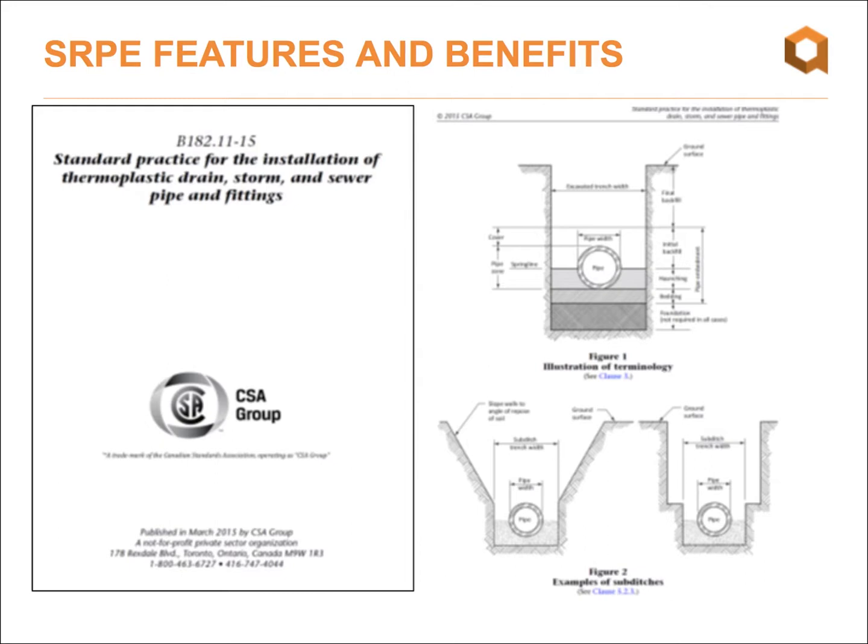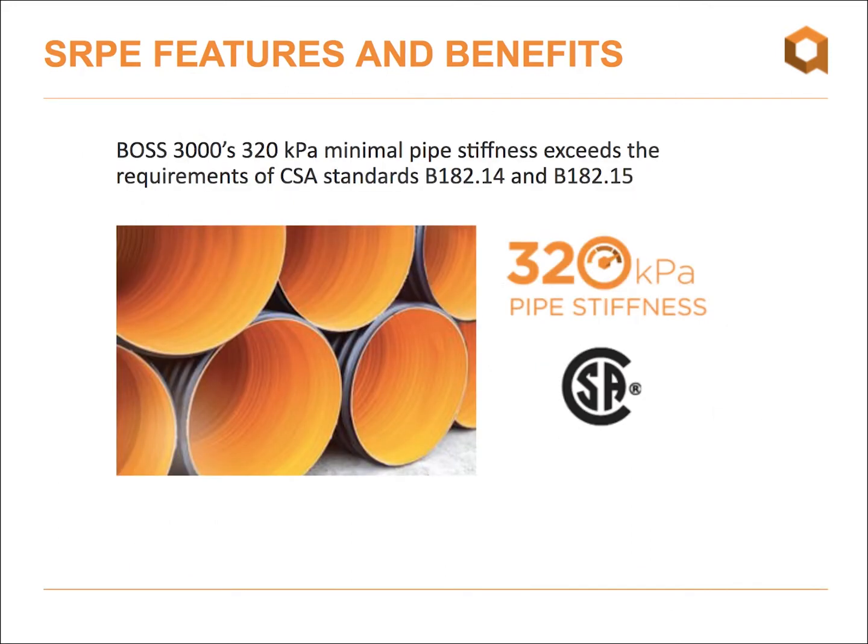And what is part of the game changer I was mentioning earlier in the presentation is that the next generation of steel reinforced polyethylene pipe, BOSS 3000, offers you a minimal pipe stiffness of 320 kPa for all sizes.